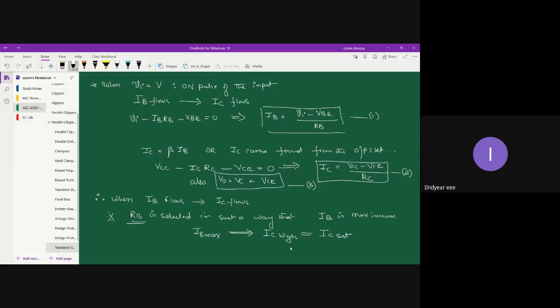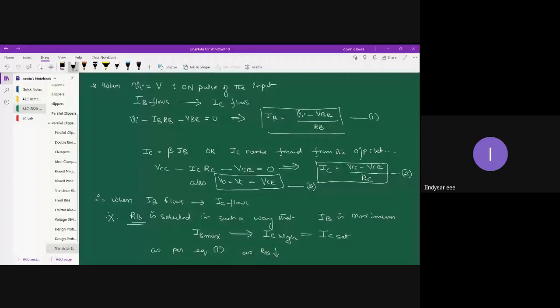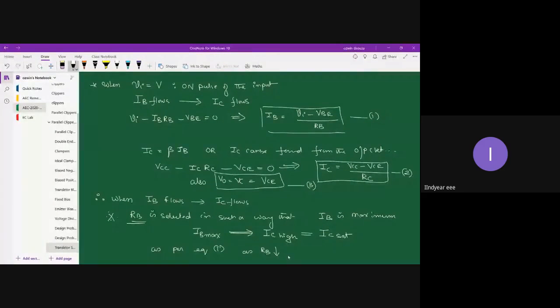So how will you increase the collector current? You can increase the collector current simply by increasing the base current, right? Because the BJT is a current control device. So as per equation 1, as RB is lessened, or when you start reducing the resistance value, base current starts increasing.